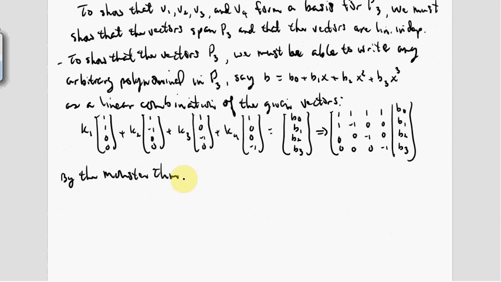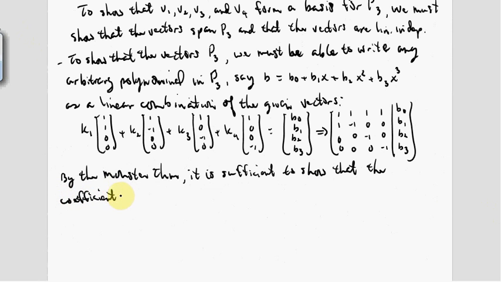By the Monster theorem, it's sufficient to show that the coefficient matrix reduces to the identity matrix.